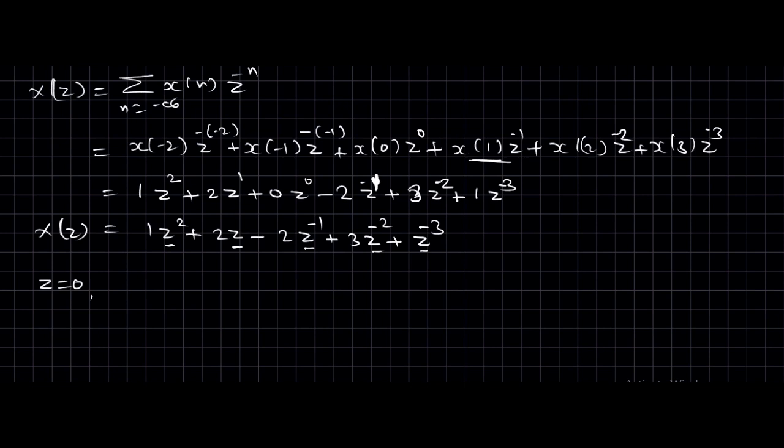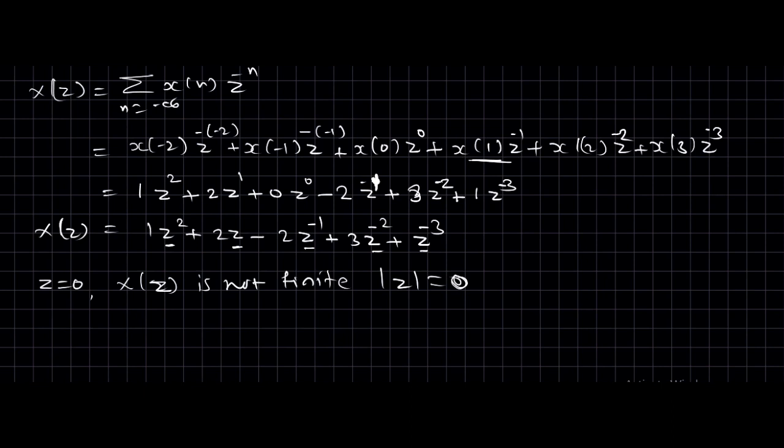So X of z is not finite for mod of z equal to 0, which means the ROC is not present for magnitude of z at 0. Is that clear? ROC does not exist for this value.